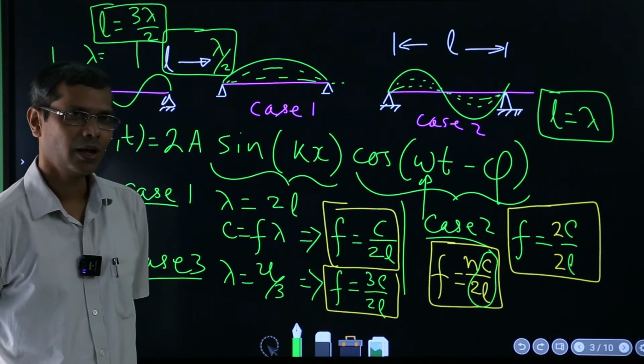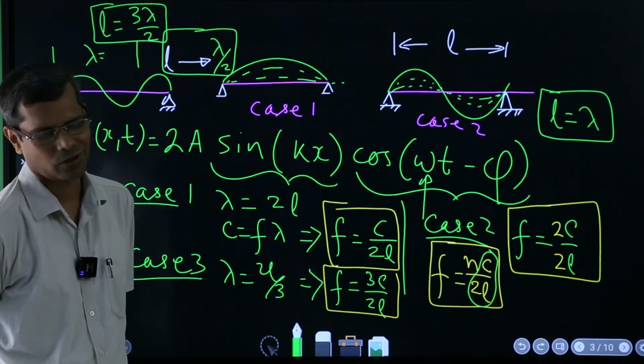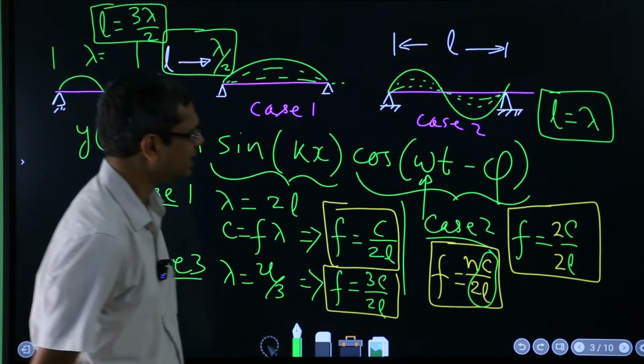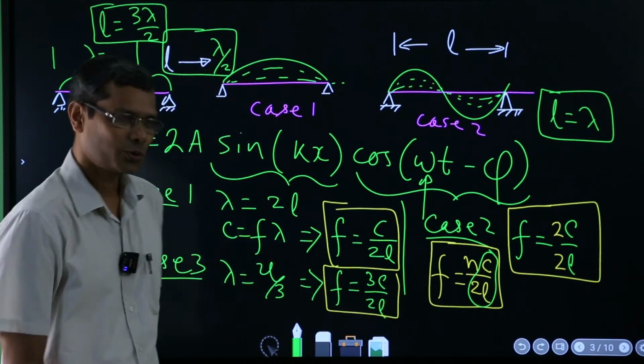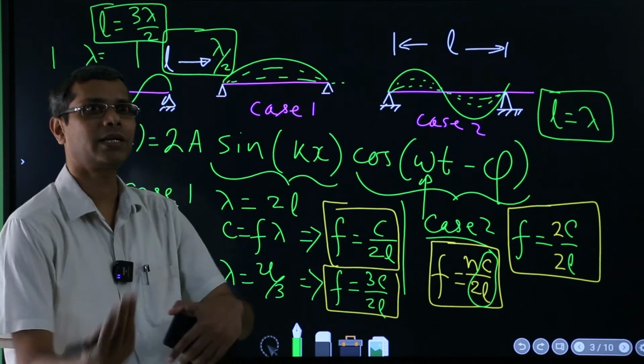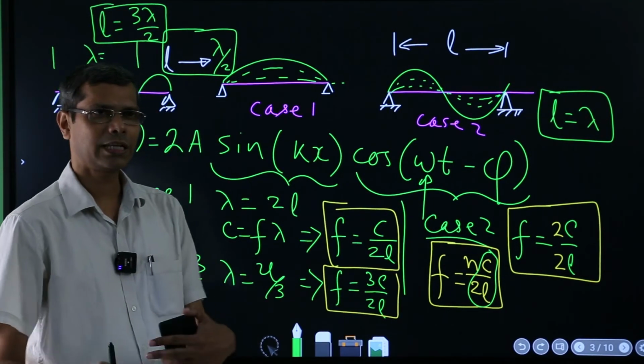If the wave can oscillate at twice that frequency, so that in half the time it can come back, then still the same thing happens.